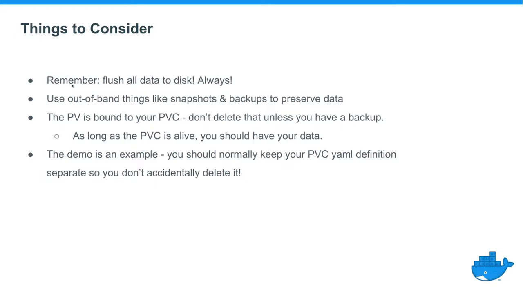To preserve that data for disaster recovery, use out-of-band things right now, like snapshots and backup tools, and we have partners that can do full backup and recovery for your volumes. We also have a lot of storage partners that have snapshot features as well. Now the trick right now is that you have to manage your snapshots out of band.